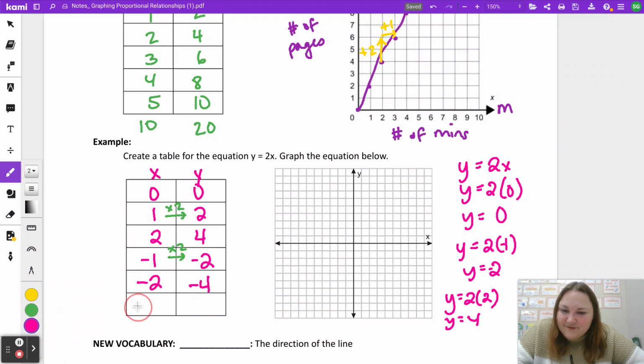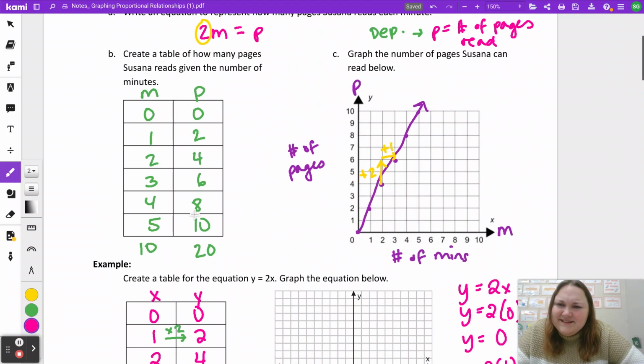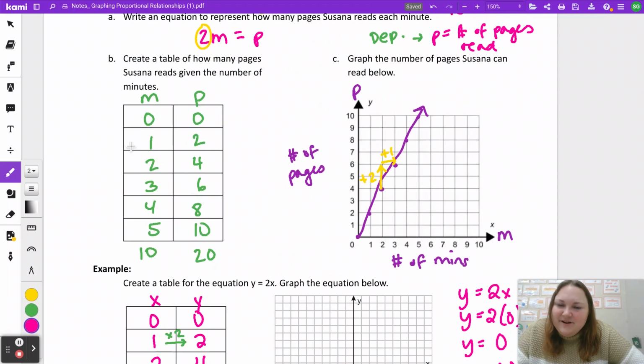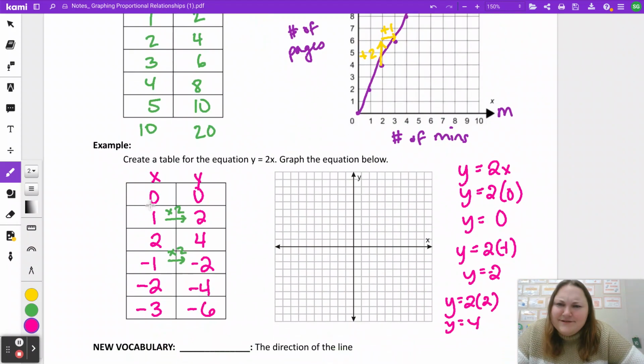Or if I put -3 here, what would this number be? -3 times 2, -6. The pattern this equation is describing is the same as above. The difference is instead of talking about minutes and pages, we aren't talking about anything. We're just talking about x and y.